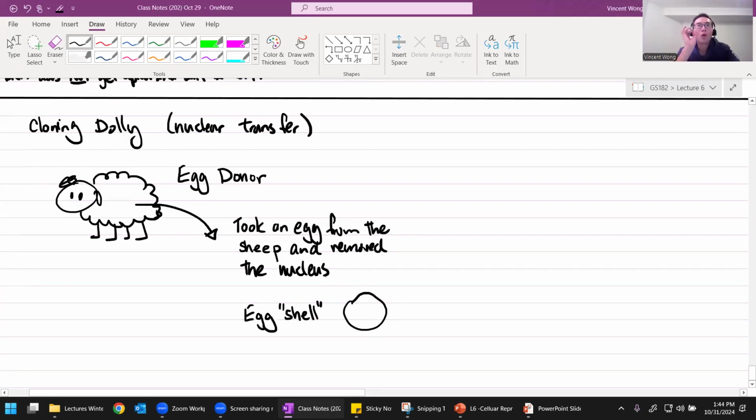Normally, how much genetic material would you find in the egg of an organism, like in the egg of a sheep or a human? Let's put some numbers to it. We have 46 chromosomes. How many chromosomes do you expect to see in a human egg?